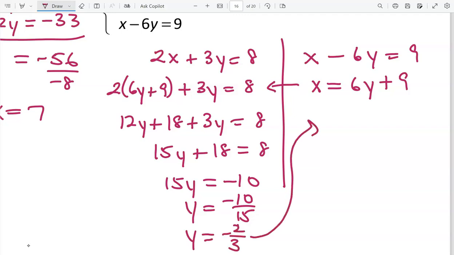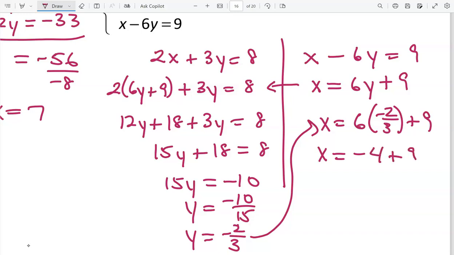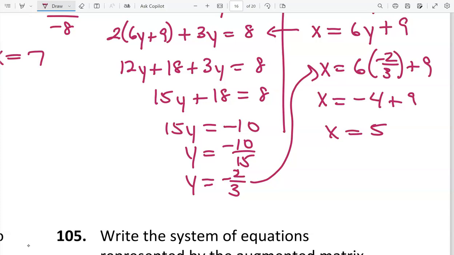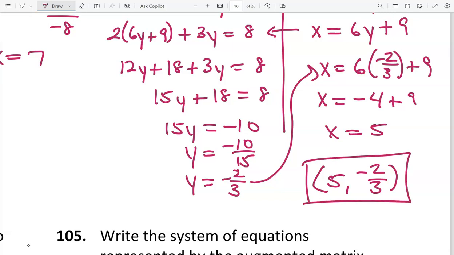Now we're going to take that information and go back to the second column here and replace the y with negative 2/3 and solve for x. Negative 2/3 times 6 is negative 4. Negative 4 plus 9 is 5. And so given in ordered pair form, 5 comma negative 2/3 is the solution to this system.